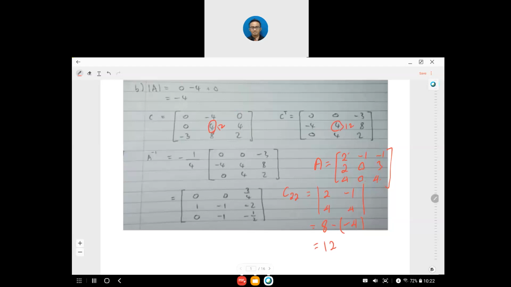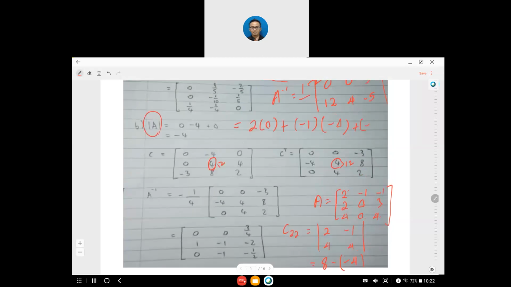Okay. And then to find the determinant, also the same thing. This determinant you can get by 2 times 0 plus negative 1 times negative 4 plus negative 1 times 0.